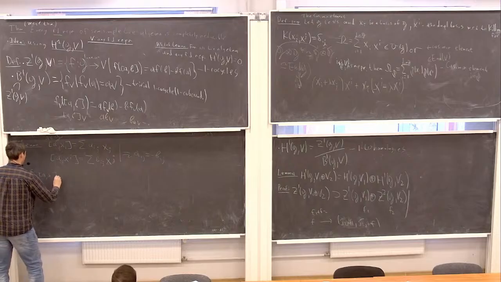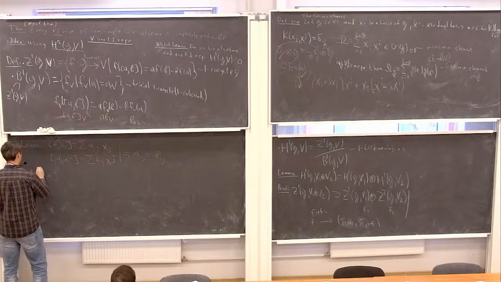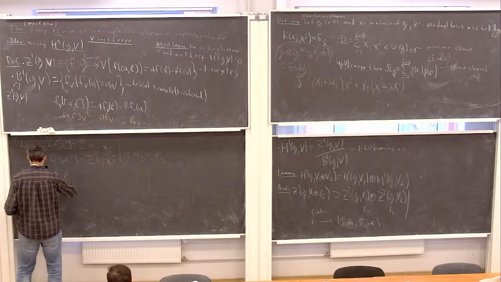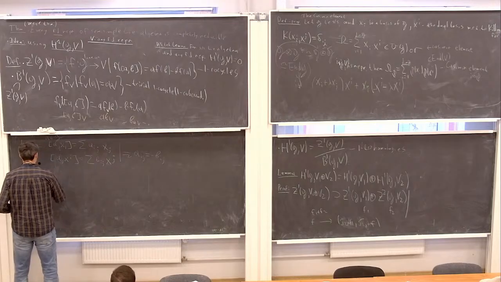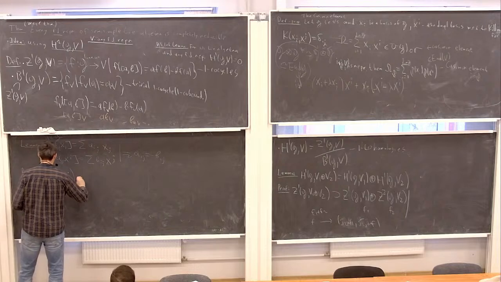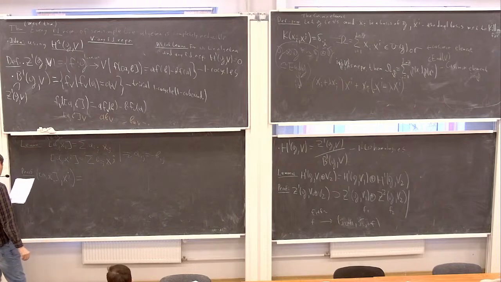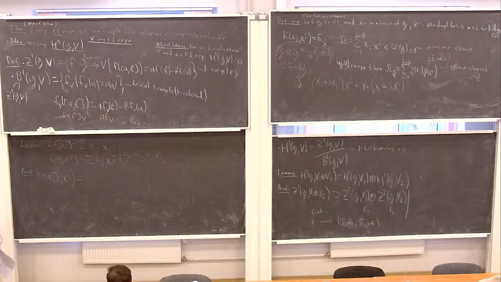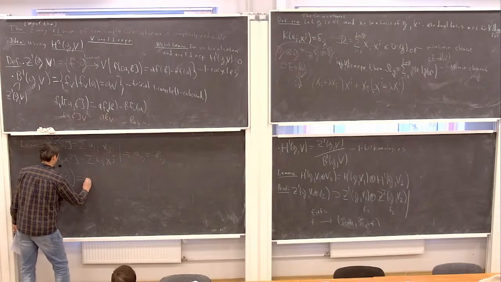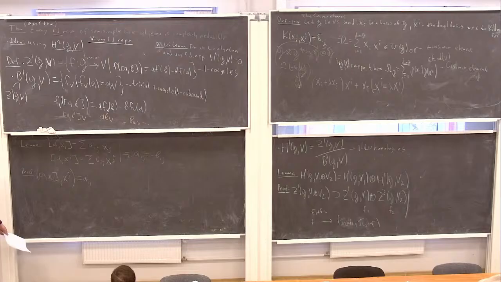So, proof. Consider the commutator of A with x_i and consider its product with x_j. And this is equal to what? First of all, it is equal to a_ij, obviously, by definition of the dual basis.